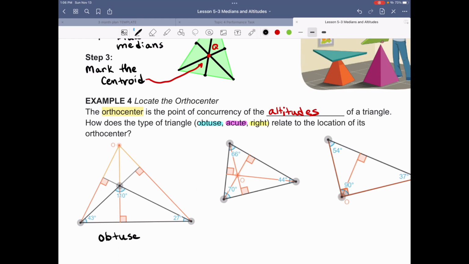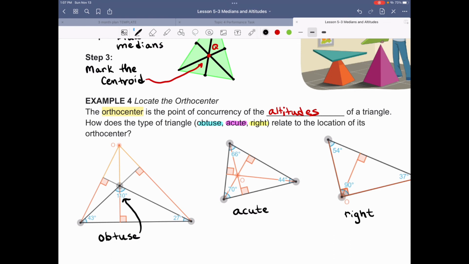All of the angles are less than 90, but in the obtuse one, it was 110 degrees. Right, so this angle right here makes it obtuse. All of the other ones are less than 90. So it is acute, which means the last one is what? Good, it's right because it has a 90-degree angle.